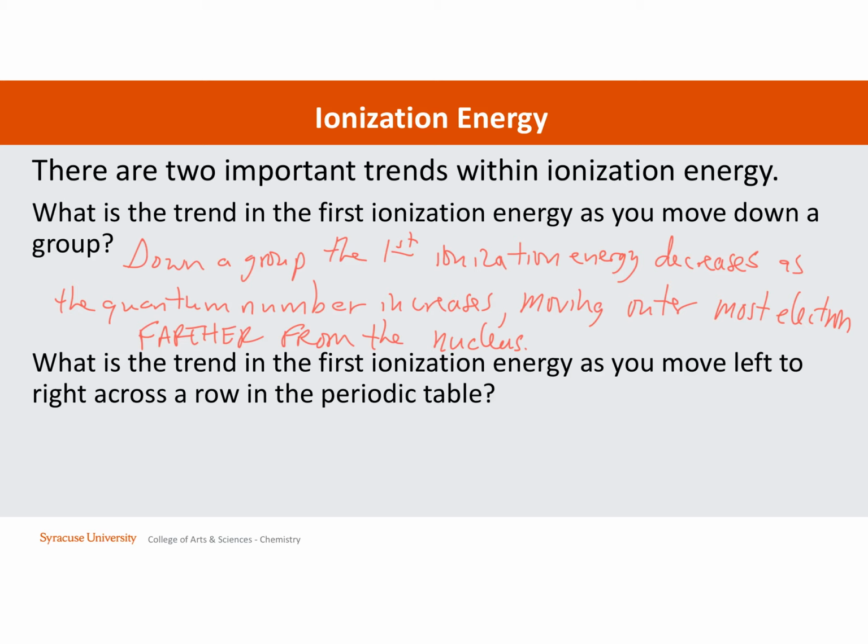And then across the periodic table, the first ionization energy increases as the atomic radius decreases, right?